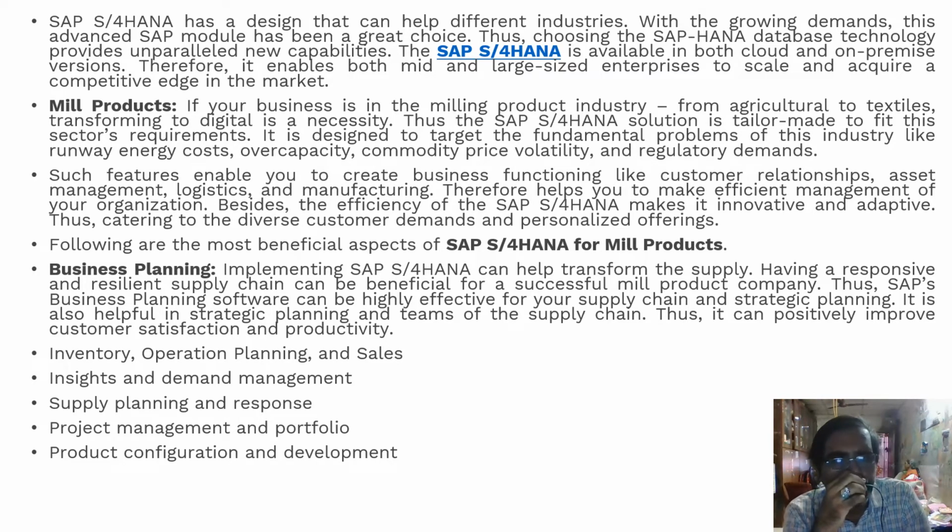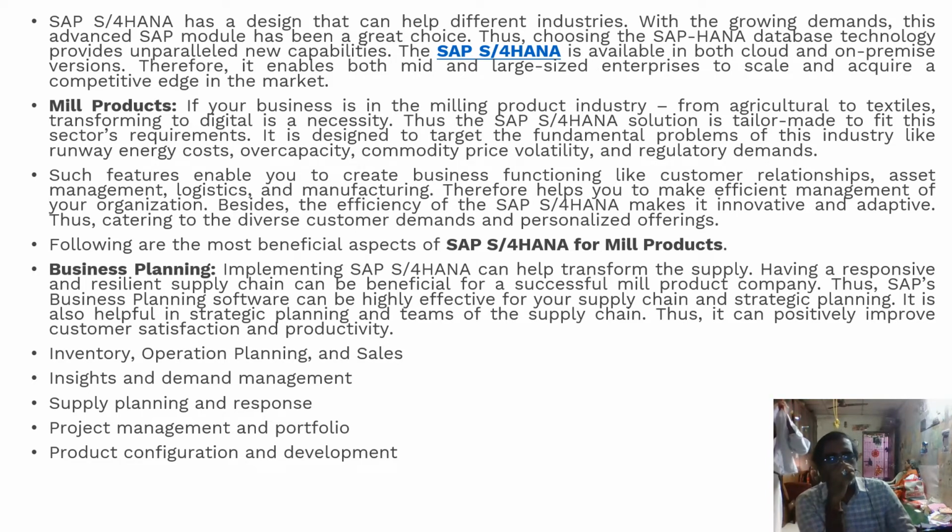So now we are thinking of SAP S4 HANA as a design that can help different industries, right? With their growing demands, this advanced SAP model is a great choice, and choosing SAP HANA database technology provides unparalleled new capabilities.